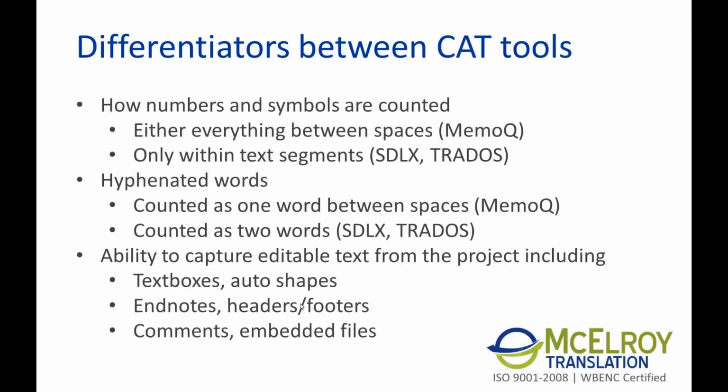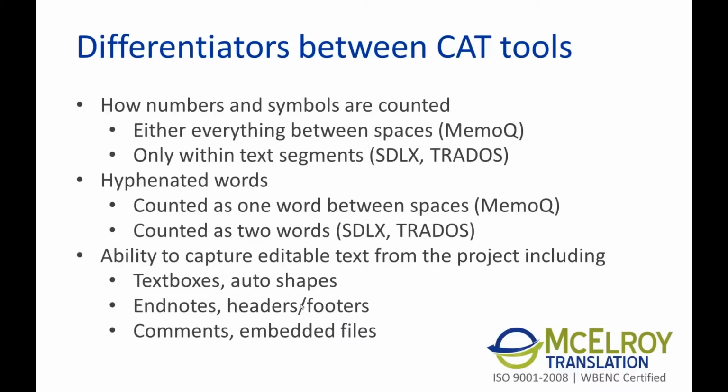So let's look at differentiators between CAT tools. For the purpose of this demonstration, I'm going to focus on MemoQ, SDLX, and Trados. Now, MemoQ, similarly to Word, will count everything that's between spaces when it comes to numbers and symbols. However, SDLX and Trados only count what is within text segments. So if they're outside of the segments that are being translated, they won't be counted in your word count.